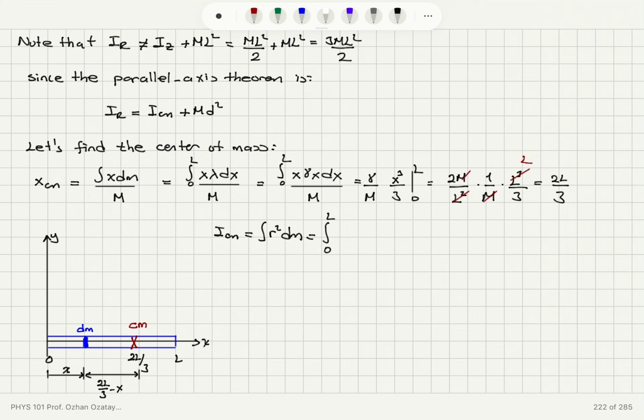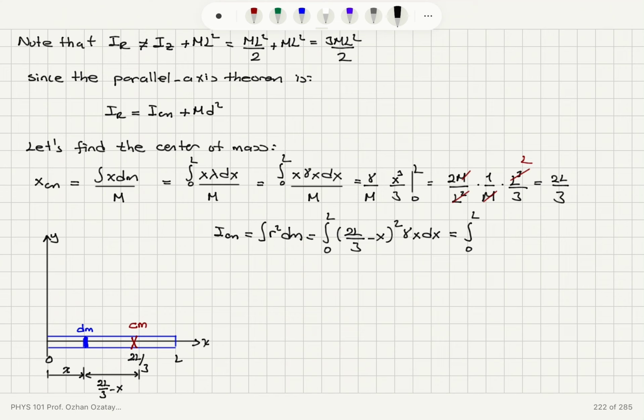So if I'm at a distance x with respect to the left-hand side, I'm at a distance 2L over 3 minus x with respect to the center of mass. So it will be the integral from 0 to L of (2L/3 minus x) squared times gamma x dx.